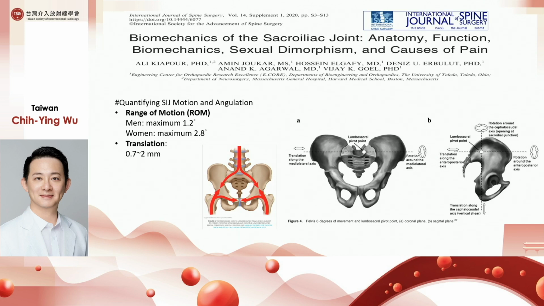Its range of motion is limited, just about 1 to 2 degrees, and the translation is at least 2 millimeters. So trauma or repetitive inflammation will lead to pain in this region.